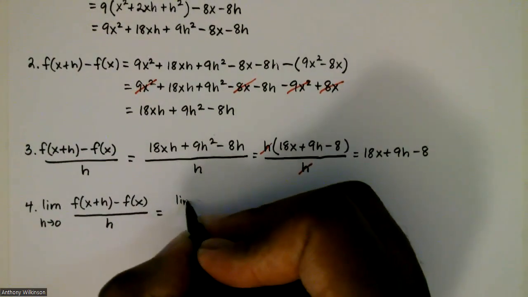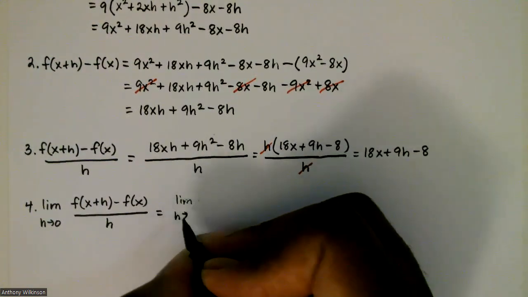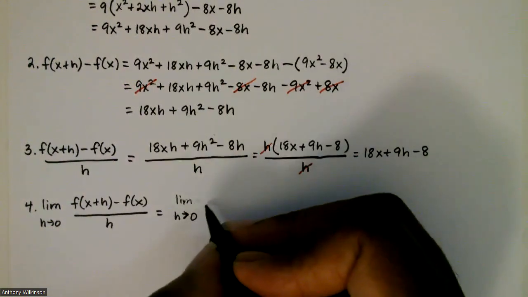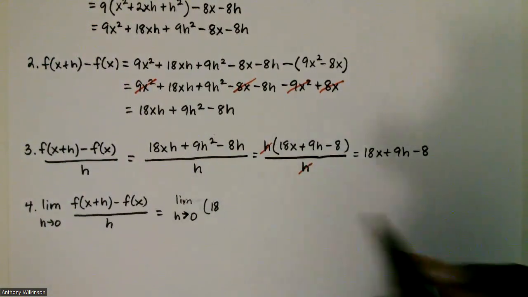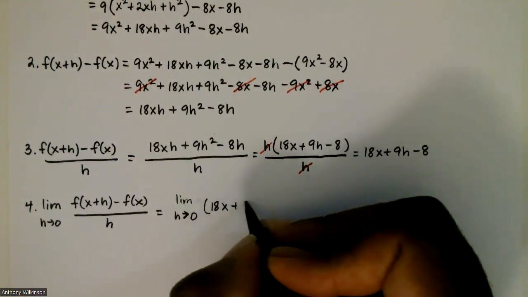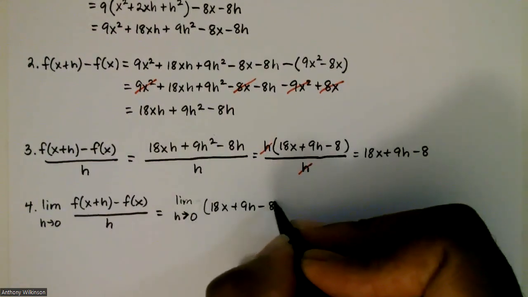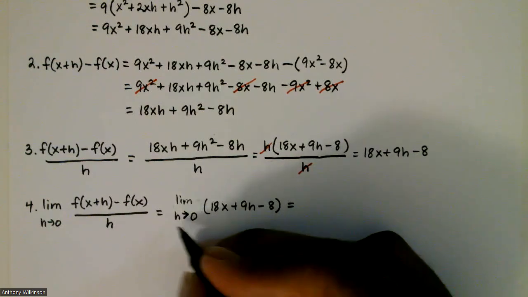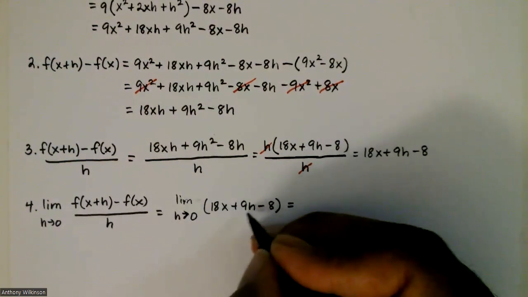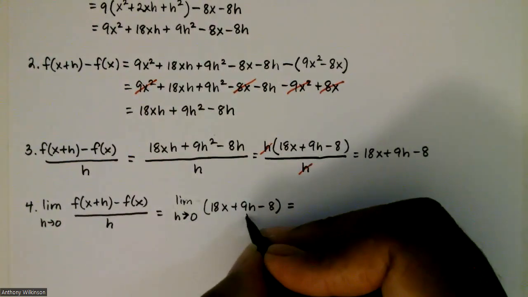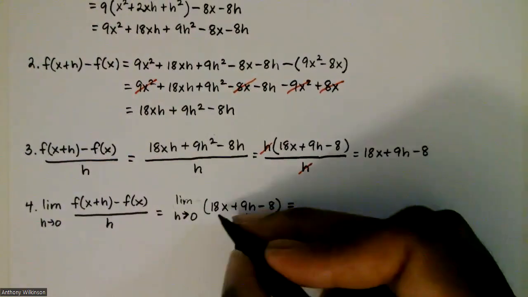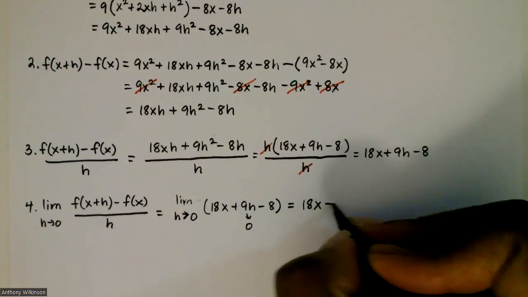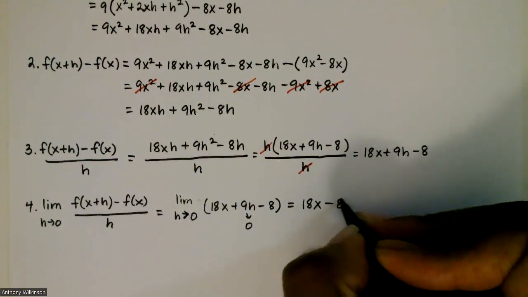So it'd be the limit as h approaches 0 of 18x plus 9h minus 8. Now, as your h approaches 0, your 9h is the one that's going to be going to 0. So you're going to be left with just 18x minus 8.